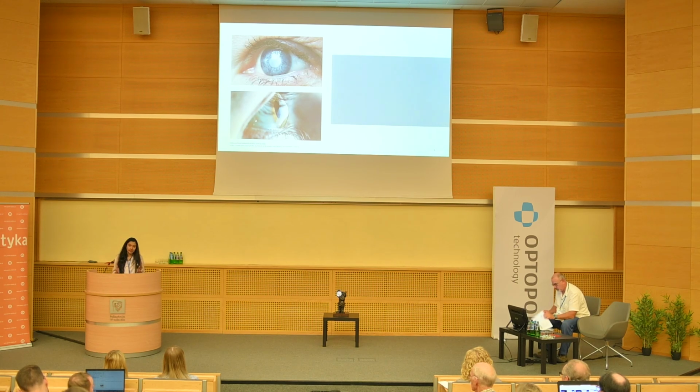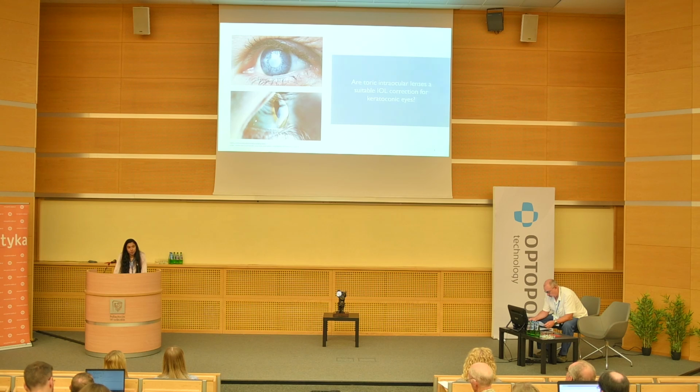There are a lot of publications saying that a toric IOL can be used to correct a keratoconic eye. So in this comparative study, we would like to compare different situations and see whether a toric IOL is the most suitable IOL correction for a keratoconic eye.